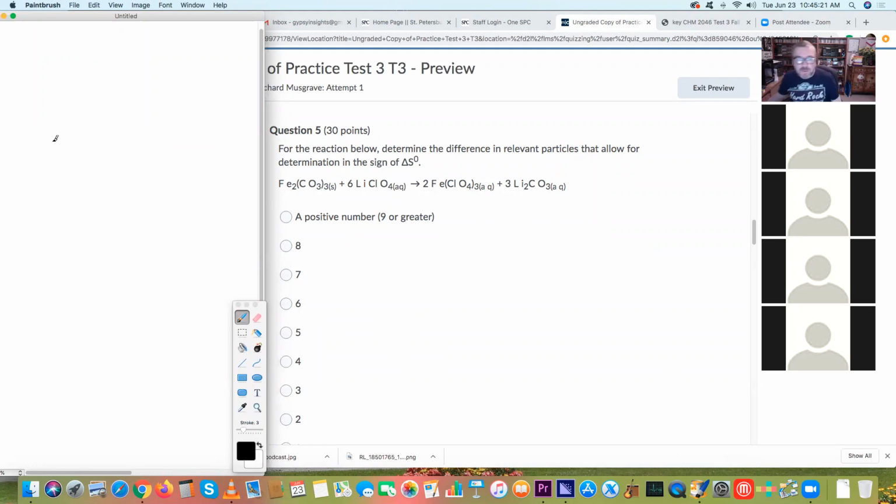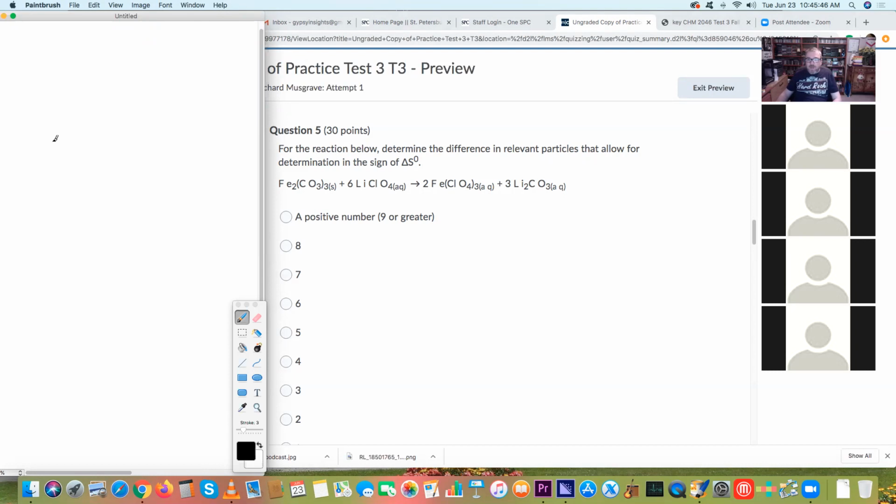So what I would want you to see is that on the reactant side, we have the solid, which you'll ignore. And then we have the particles on the reactant side. Does anybody want to tell me how many particles they see, aqueous ions, on the reactant side? Rebecca, I'll put you on the spot since you asked about it earlier.